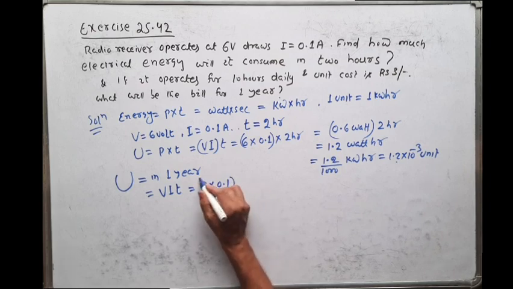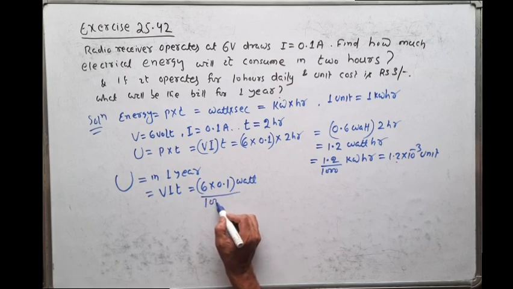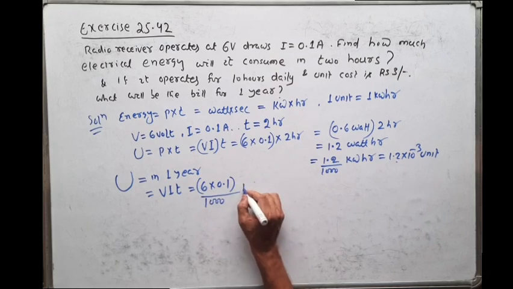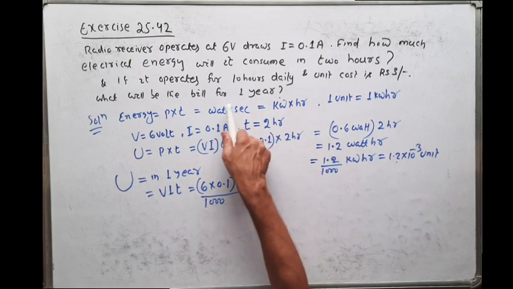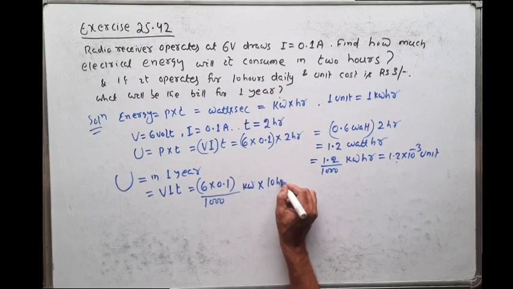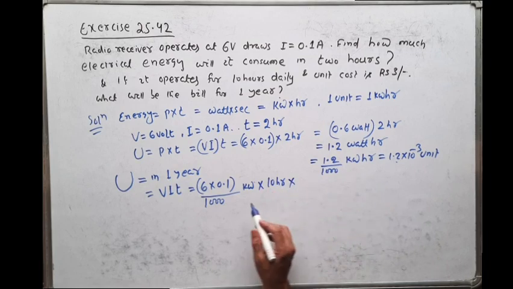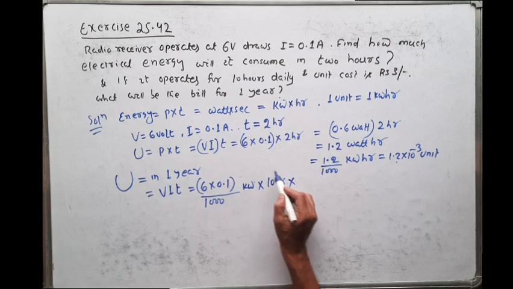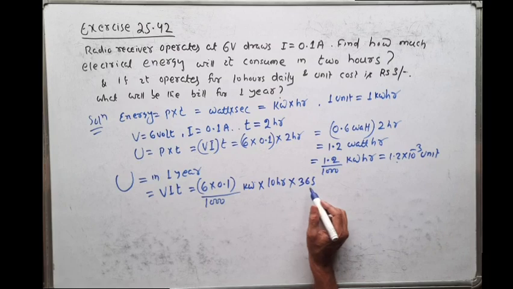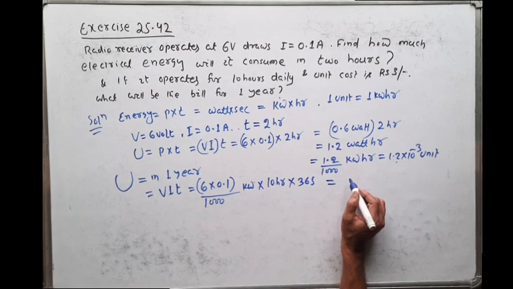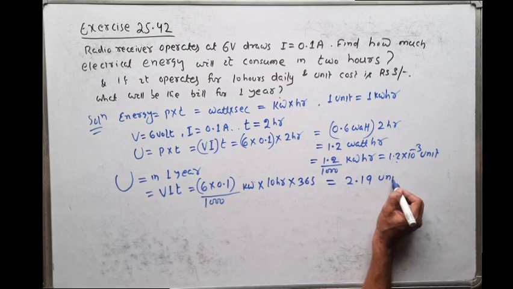This is expressed in watt, and if you divide by 1000, you will get kilowatt. And what is the time? In 1 day the radio operates for 10 hours, and we have to calculate the bill for 365 days. So in 1 day this is the total unit consumed; for the year you have to multiply by 365. If you calculate, you will get 2.19 units.